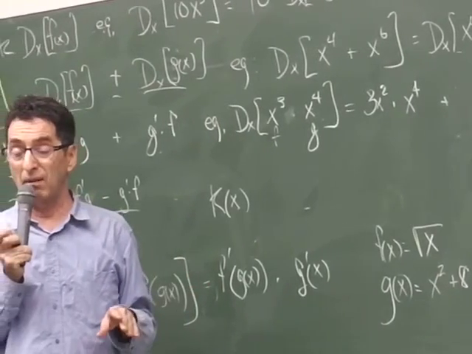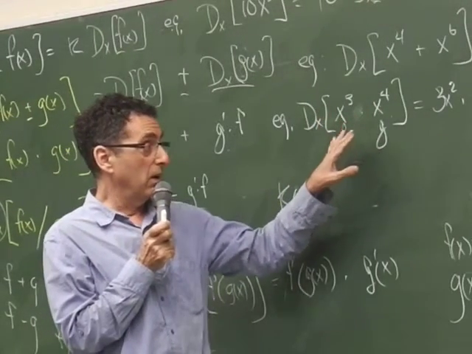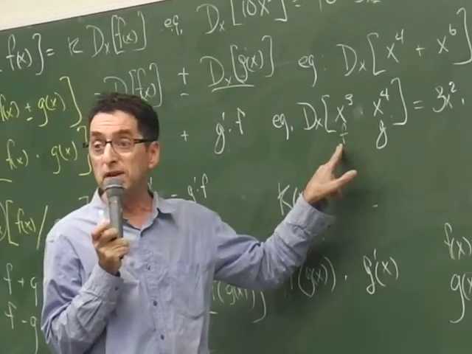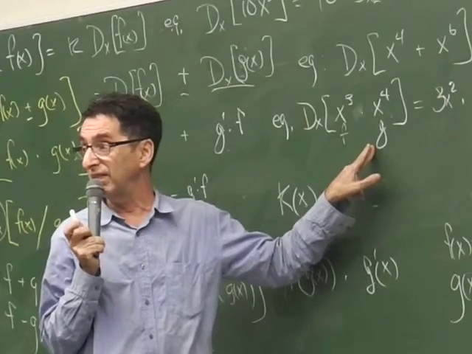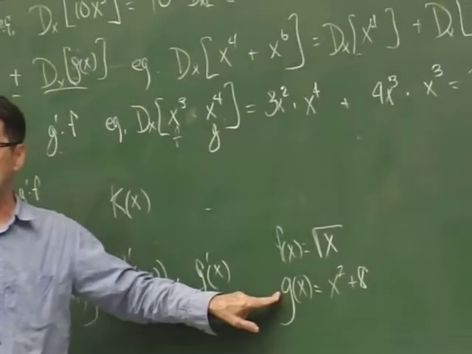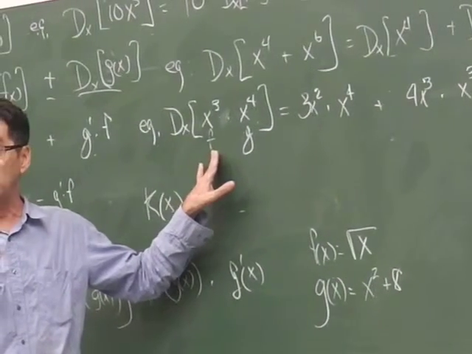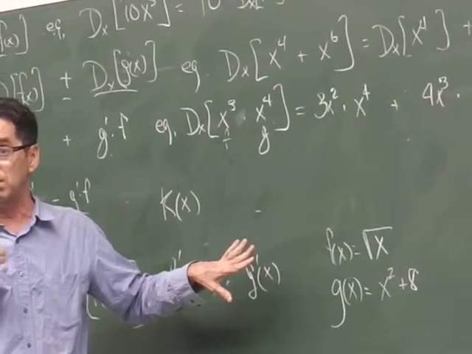But there I gave you the expression first and told you which one was f and which was g afterwards. Here, I'm telling you which one is f and which one is g first.